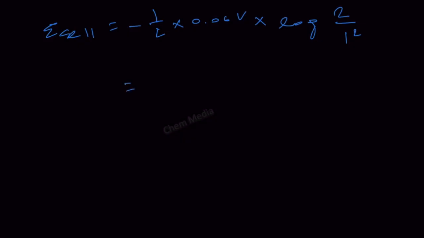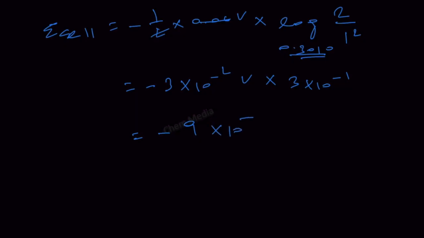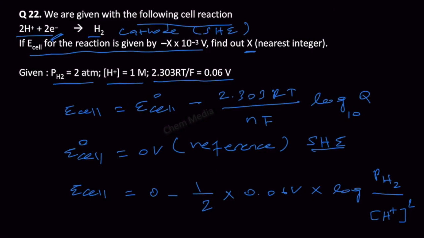This becomes 0.03, which I am writing as 3 times 10 to the power minus 2 volt, times log 2, whose value is 0.3010, which I am taking as 3 times 10 to the power minus 1 approximately. So this will be equal to minus 3 times 3, which is 9, minus 9 times 10 to the power minus 3. Therefore the value of x is 9. That is the correct answer here.